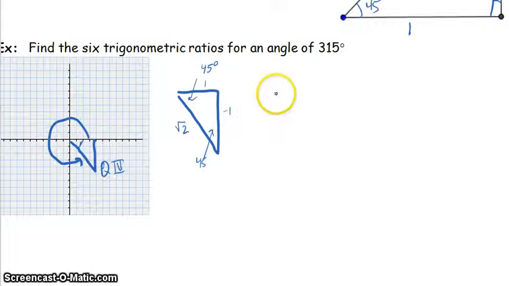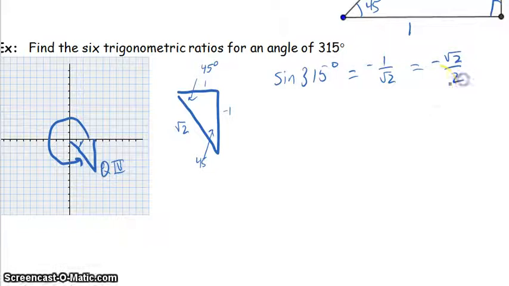So if I evaluate this, I get that the sine of 315 degrees, opposite over hypotenuse, is negative 1 over the square root of 2, which is negative square root 2 over 2.